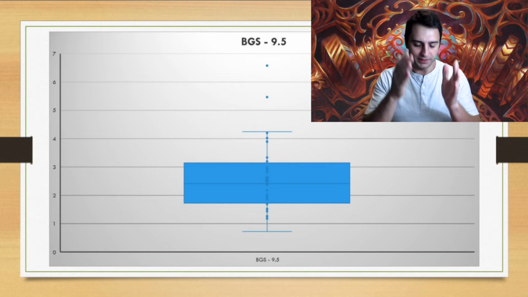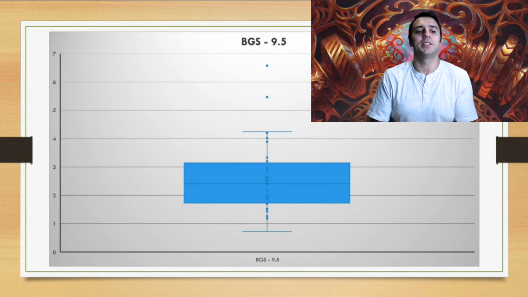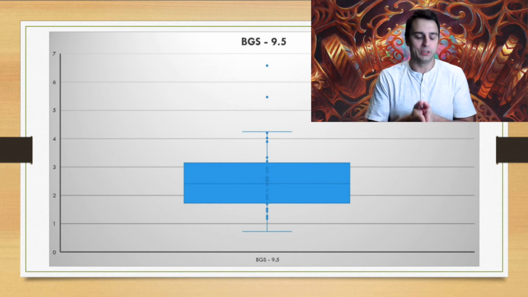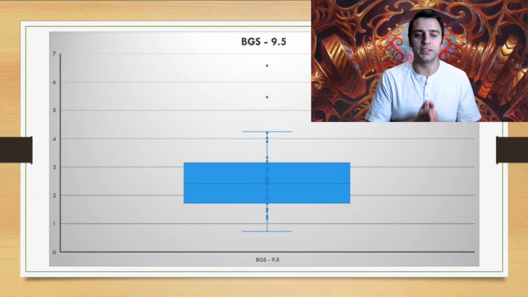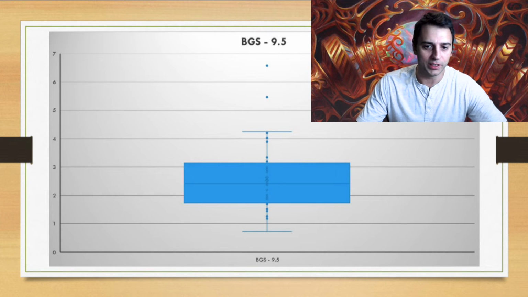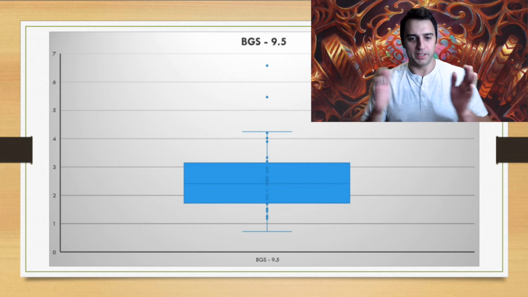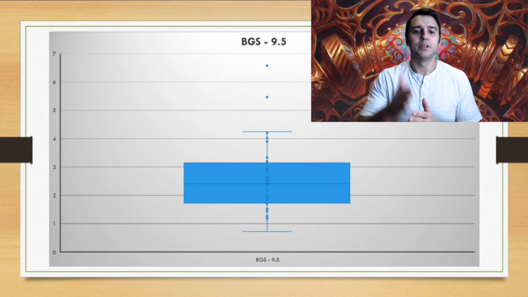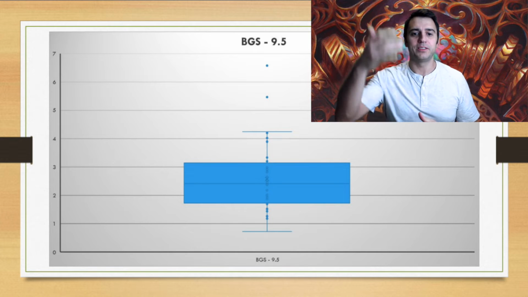That means that for a BGS 9.5, the expected price for that card is going to be roughly 2 to 3 times the near mint price of the card with the adjustment for the grading fee. You can see here the data is very heavily clustered, very grouped close together with minimal outliers that fall into the 4, 5, 6 range.